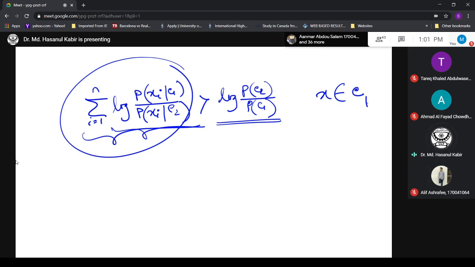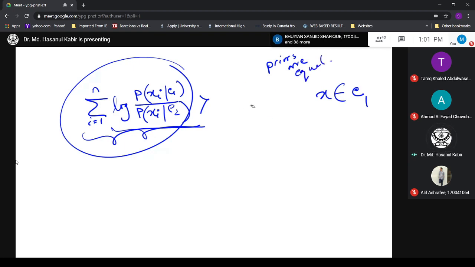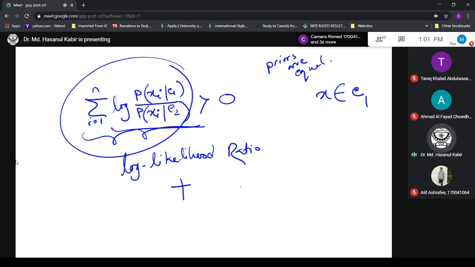Okay, so that's why you will see this in your lab. If the priors are equal, this will become 0. Now we call this the log likelihood ratio. If this value is positive, the decision will come in favor of the positive class.